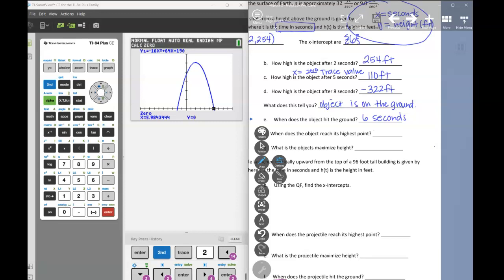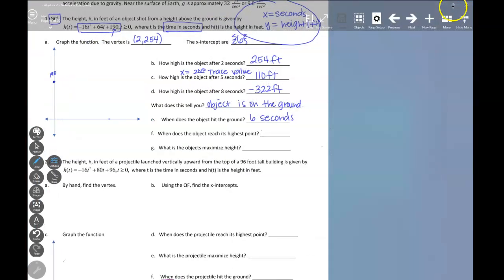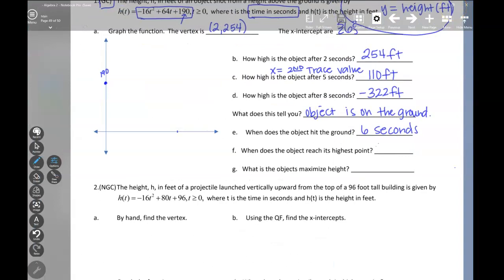When means time again. 2 seconds. It reaches its highest point. And then what is the object's maximum height? 254 feet. I like to re-ask the question. They do. So you kind of have to think about what everything means.